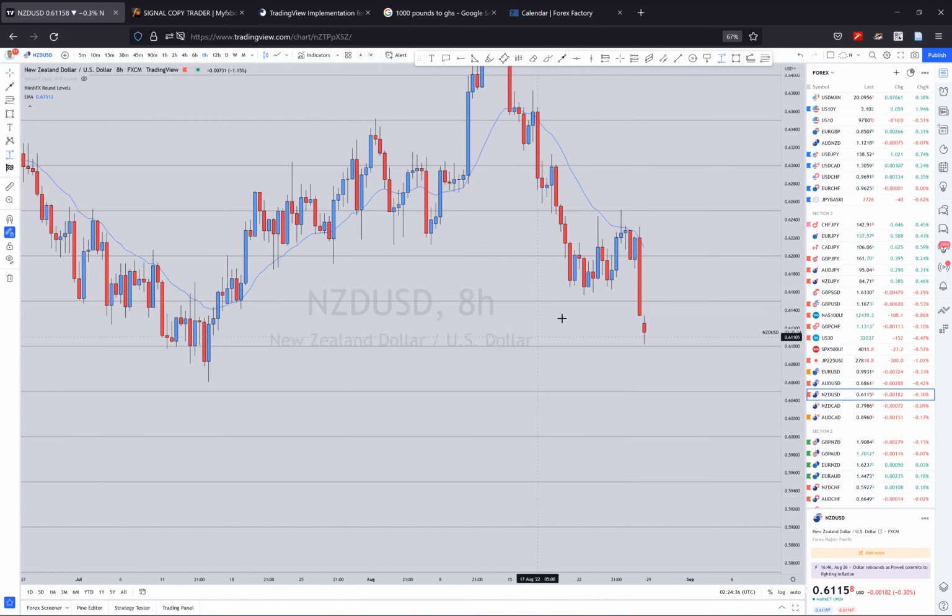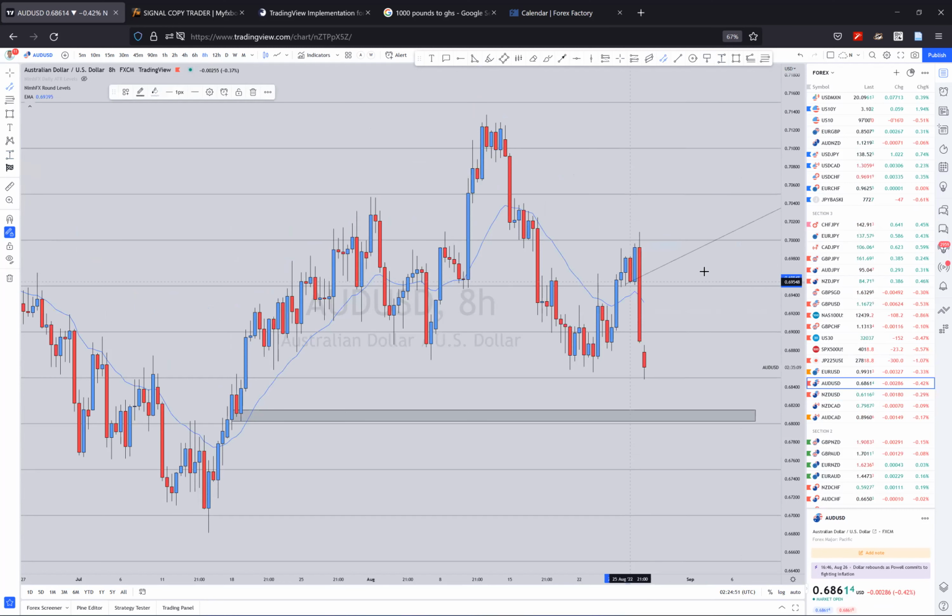NZD USD, because the strength of the NZD will make this move faster. So this is a potential level for a pullback into it. The same thing here. Potential pullback on the AUD. So we're keeping an eye on these pullbacks here.